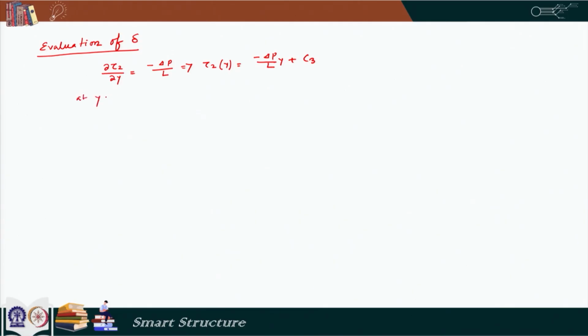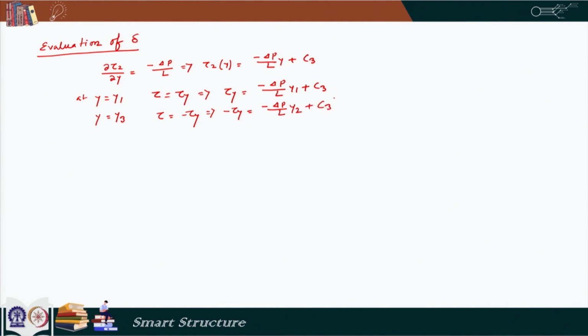So, at y equal to y1, we have tau equal to tau y, and this gives us tau y, the yield stress, equal to minus del p by L into y1 plus C3, and then at y equal to y2, we have tau equal to minus tau y, and that gives me this equation: minus tau y equal to minus del p by L multiplied by y2 plus C3.